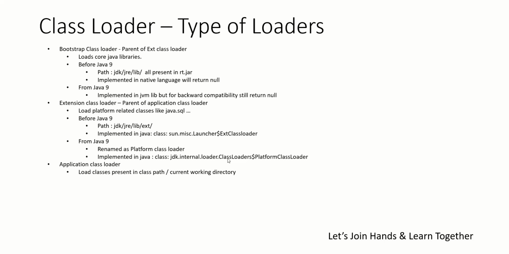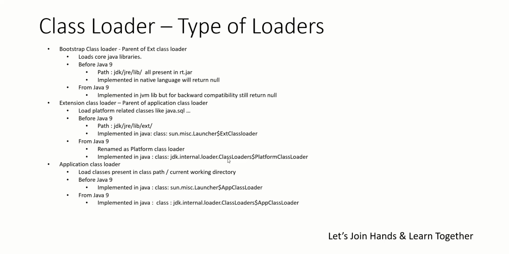That is the purpose of the application class loader. There is no change in it before and after Java 9 other than the way it is implemented. Before, it was sun.misc.Launcher$AppClassLoader.class, but now it changed to jdk.internal.loader.ClassLoaders$AppClassLoader.class.